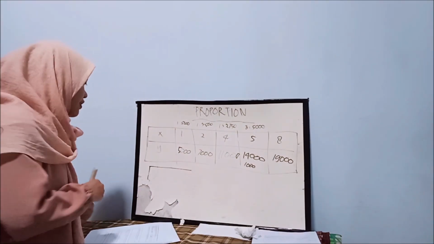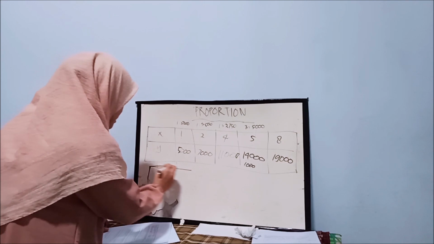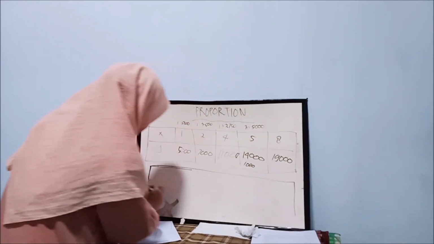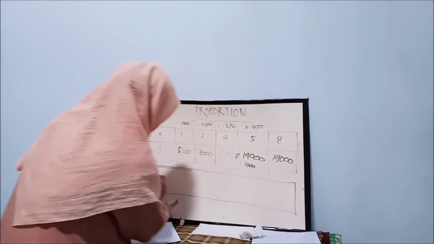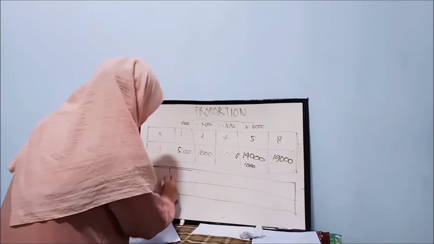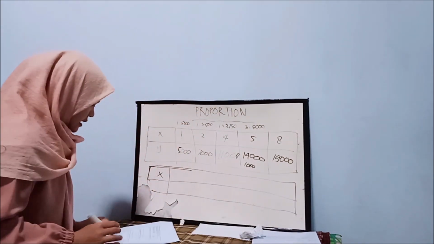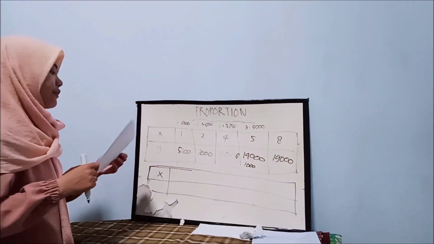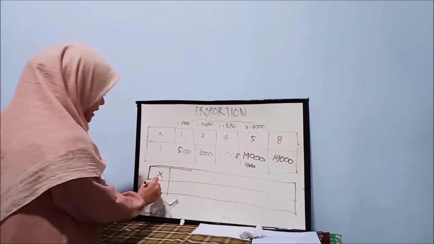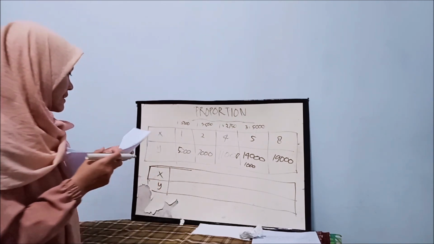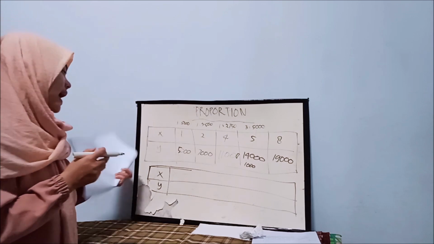So the result of my group is: X is equal to the total of tickets that Andi bought, and Y is the total cost that Andi paid.